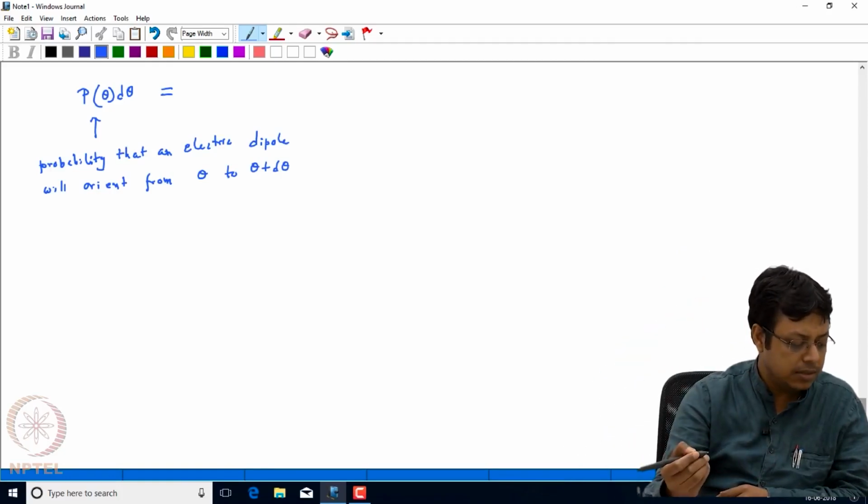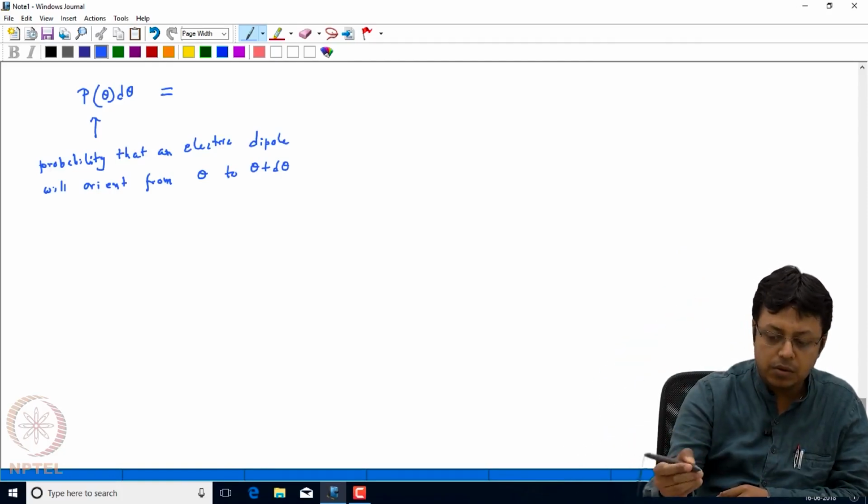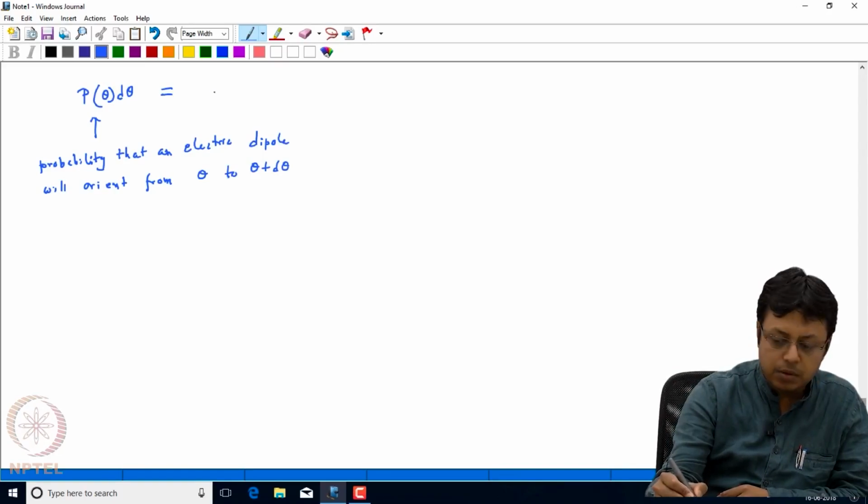So how do you calculate that probability? It will be like any Boltzmann probability.